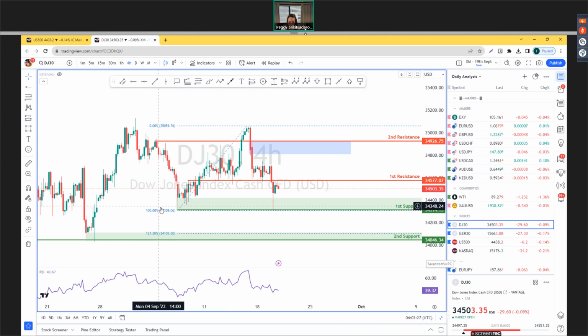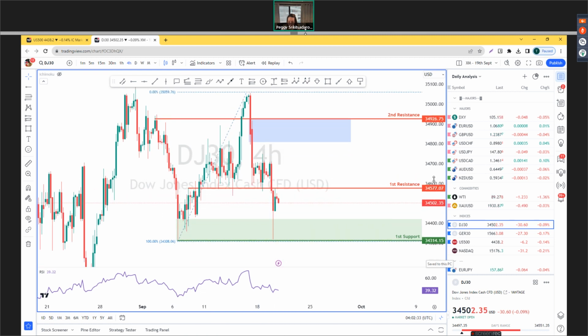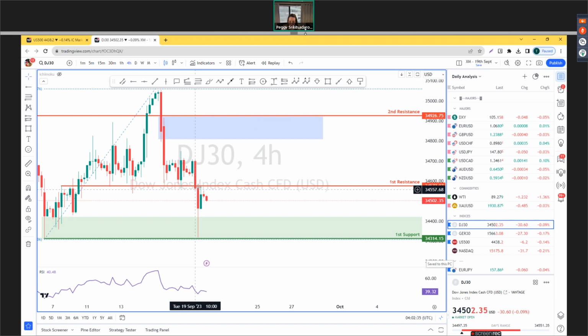When the price came to this zone, 1, 2, 3, 4, and the fifth time, price reversed. And if you zoom in, this has a supply zone as well. That's why when the price comes up here and reverses a bit, it reverses here. Demand and supply we only use when it's fresh, okay?